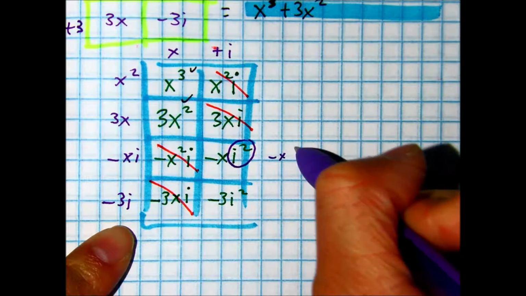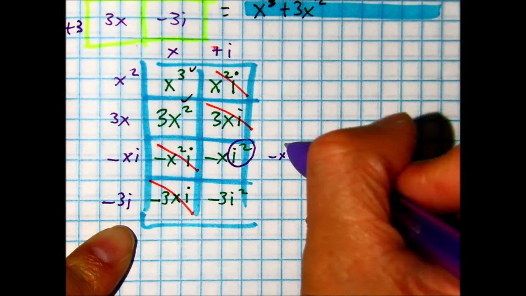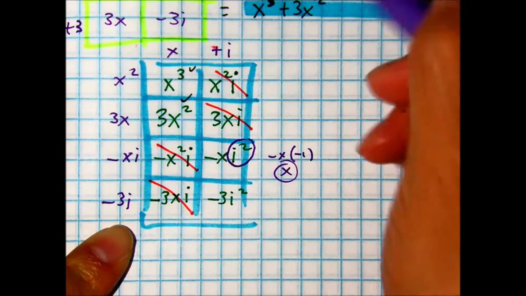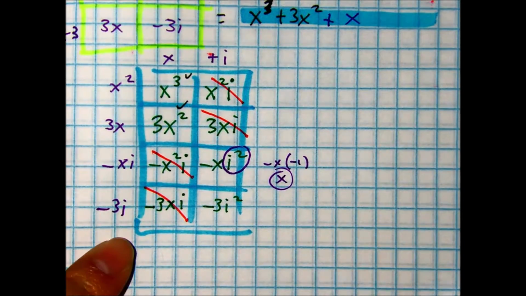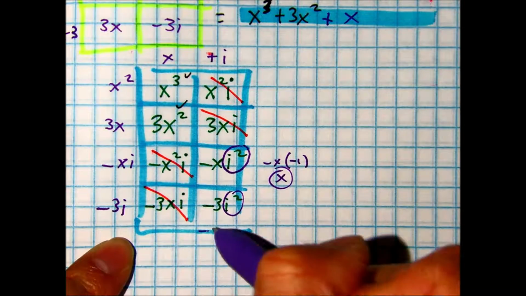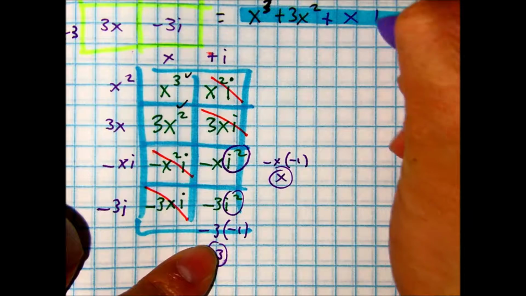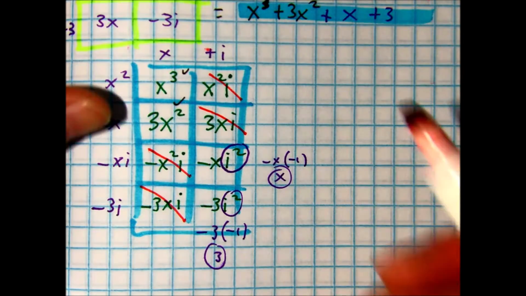So that's a negative 1 times negative x, which is what? Positive x. There are no others that have an x, so I'm going to write the x here. Negative 1 times negative 3, positive 3. And this is our answer.